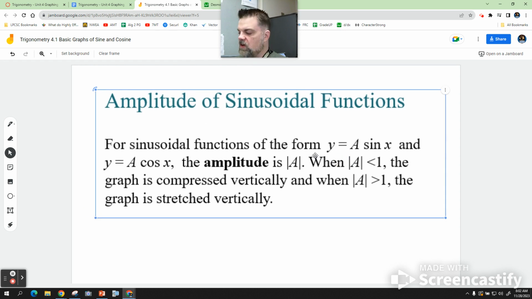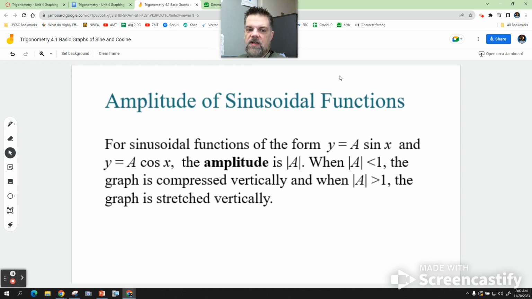So for sinusoidal functions, which is a fancy math way to say trig functions, sine and cosine, the form is y equals capital A sine of x and capital A cosine of x, where A is the amplitude.